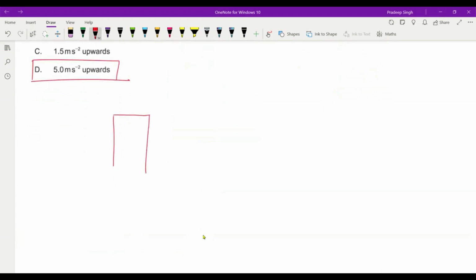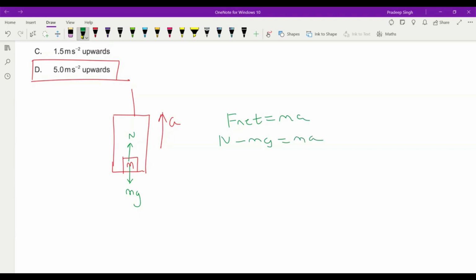Wait, let's do that. Good thing you asked. So let's say we have an object m kept in an elevator, and the elevator is going up. The different forces acting on the block are mg and the normal reaction. So net force is equal to mass into acceleration. So you will write N minus mg is equal to ma.